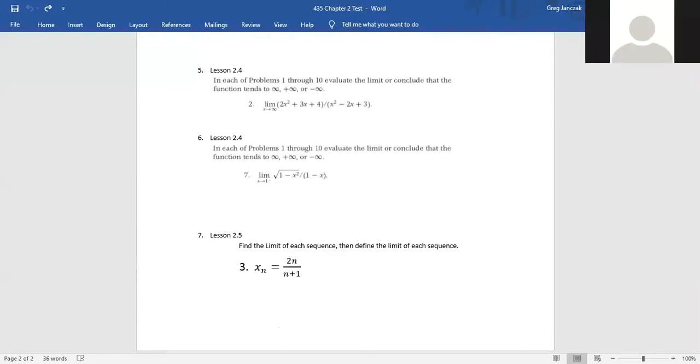Can we do 7? Number 7. Okay, find the limit of each sequence. All right. So for that one, let's see. Did I use the same one? I'm looking to see if I used the same one for that, or if I used a different one.